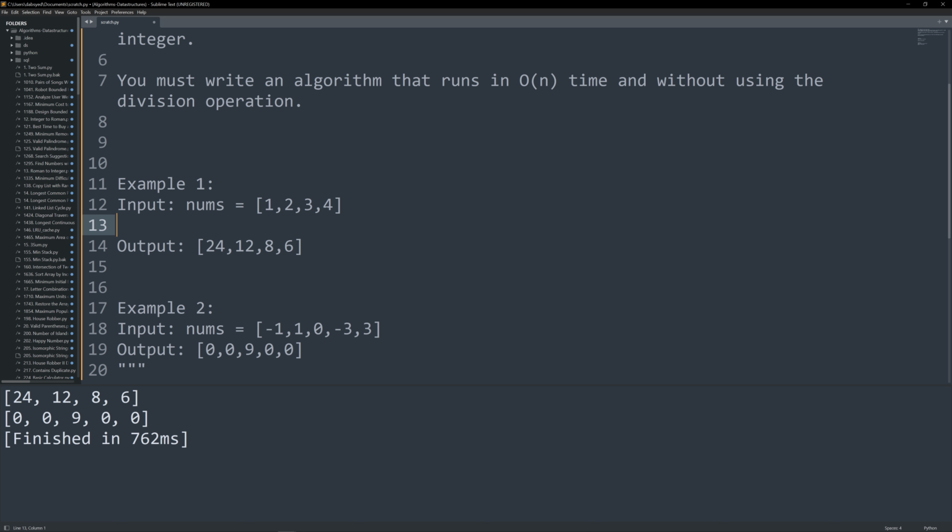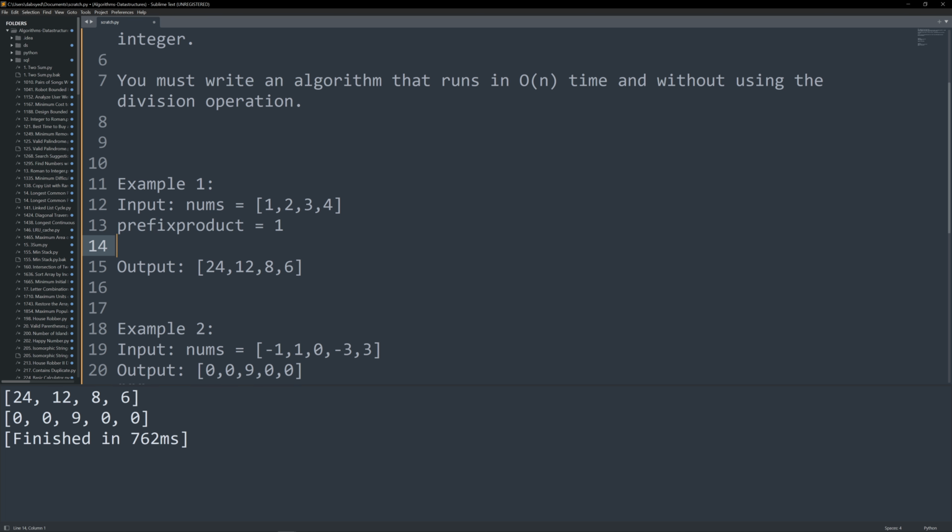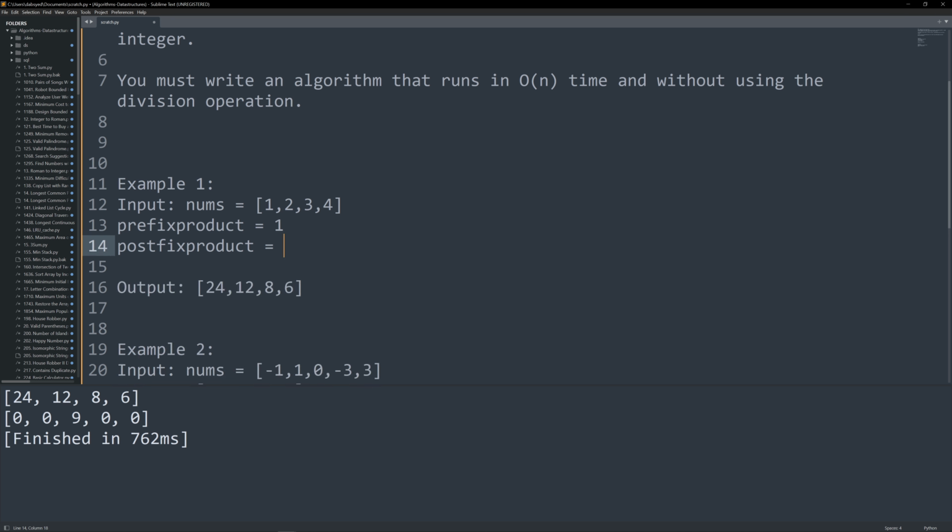So for example, at this element 1 we are going to define the prefix product equal to 1, that would be the initial value, and we are supposed to find out the postfix product as 4 into 3 into 2. So basically we are supposed to iterate the array in reverse order.